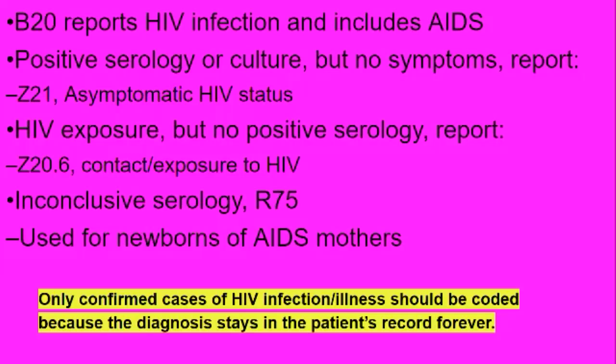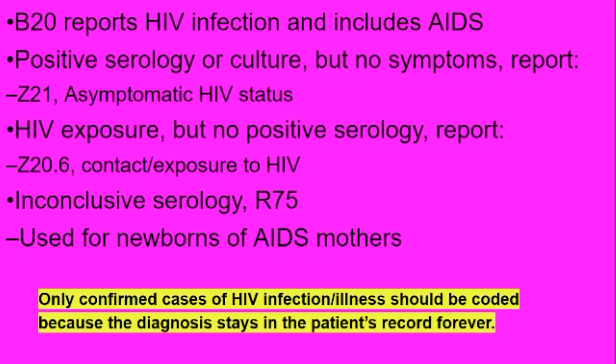Positive serology or culture but no symptoms, you should report Z21, which is asymptomatic HIV status. HIV exposure but no positive serology report is Z20.6, contact exposure to HIV. Then you have R75, which is inconclusive serology, and it's used for newborns of AIDS mothers.